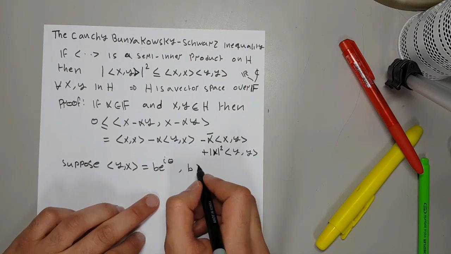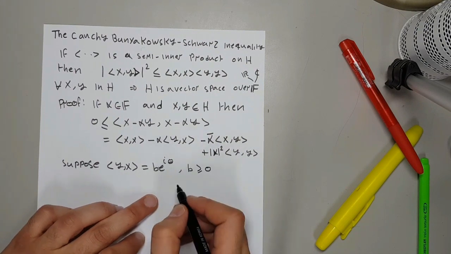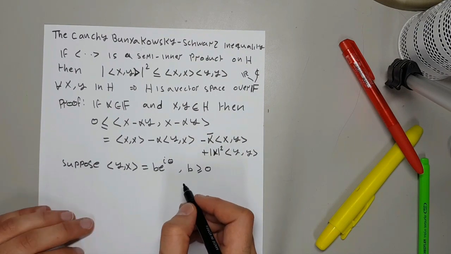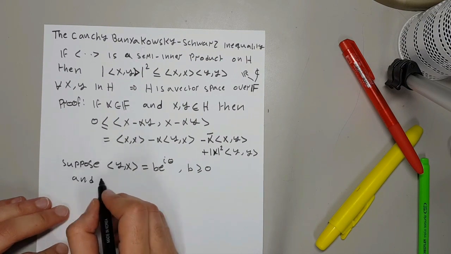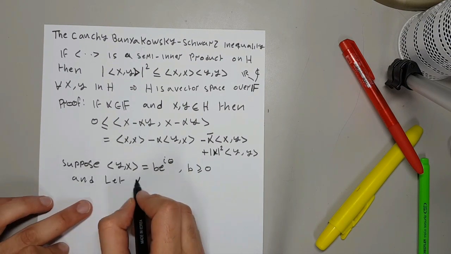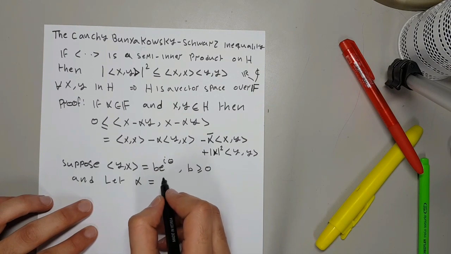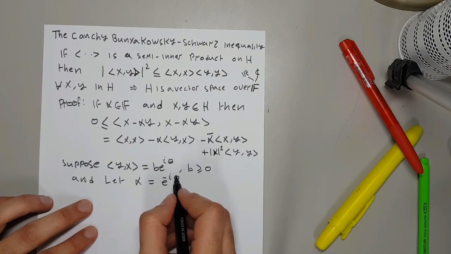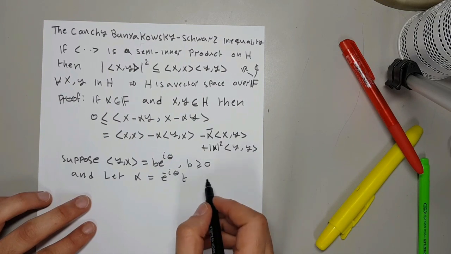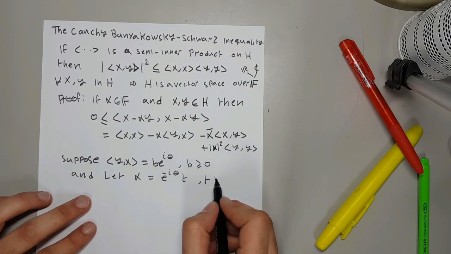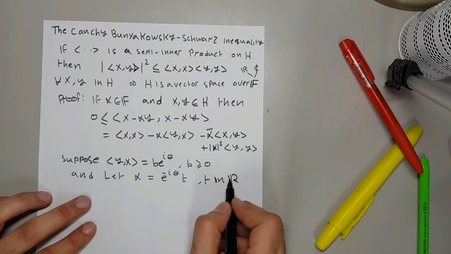Here b is greater than or equal to 0. And let alpha be equal to e to the minus i theta times t. Here t is a real number.